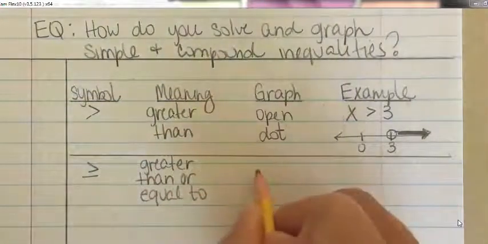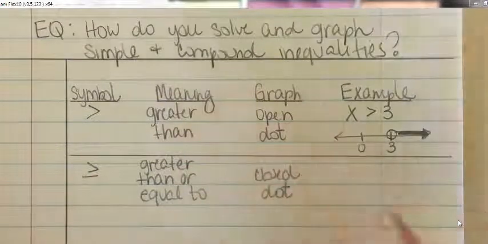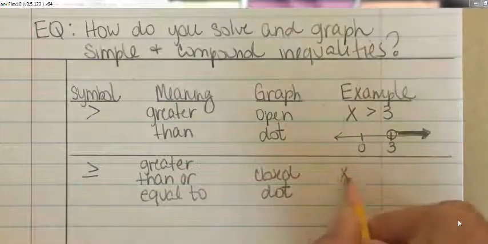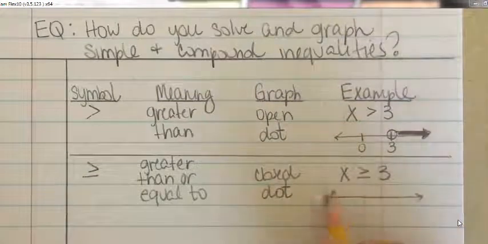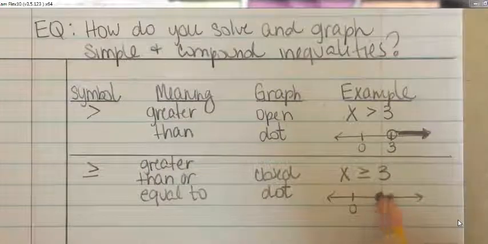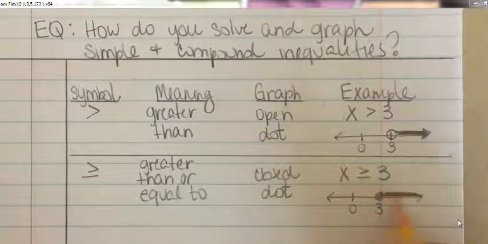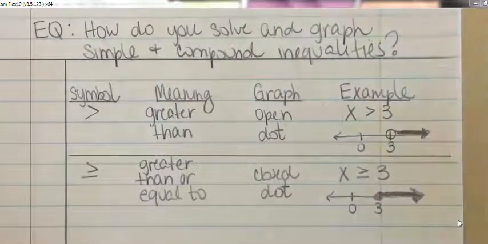This one's going to have a closed dot or closed circle. So if I have x greater than or equal to 3, then on my number line I'd have a closed circle, and it's going to shade all numbers larger than or equal to 3.